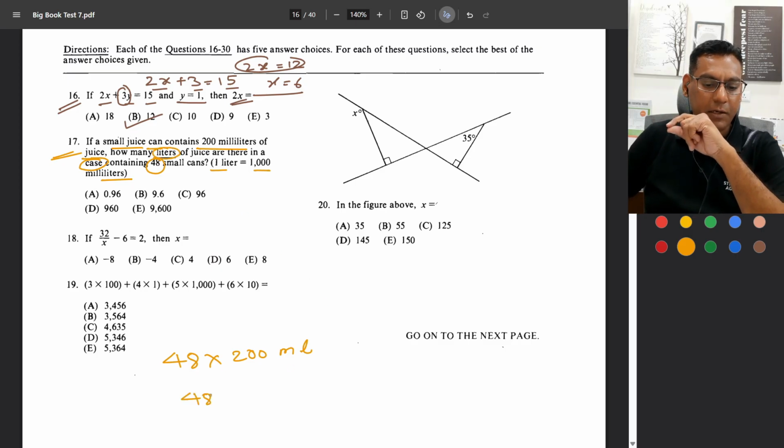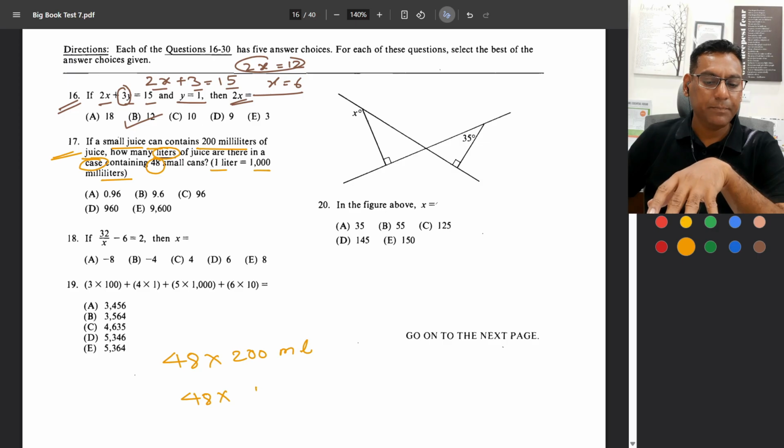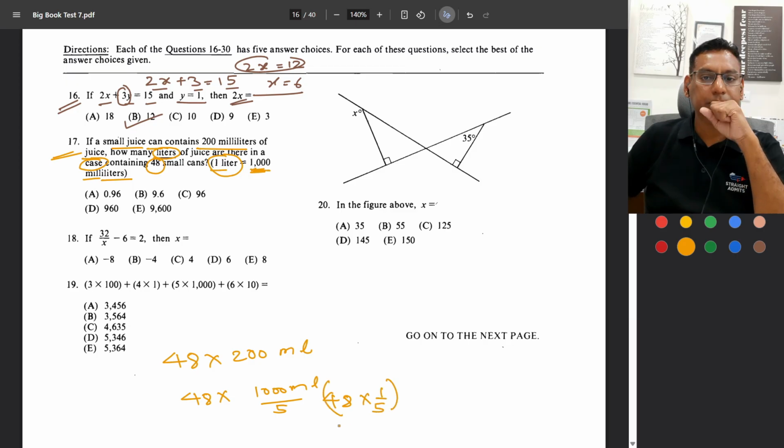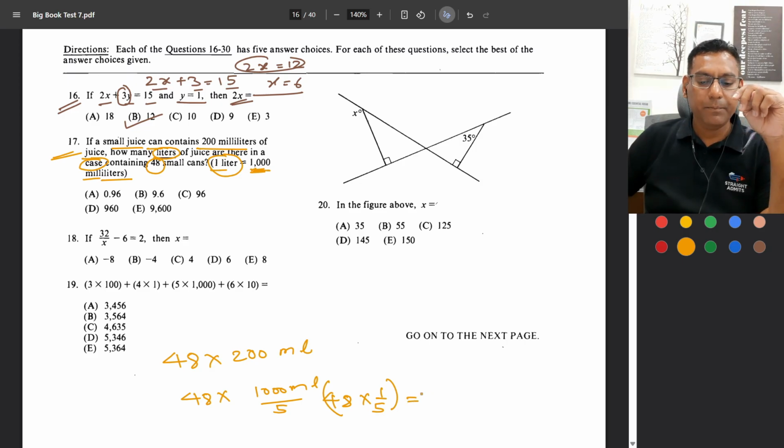So 48 into 200 milliliters is 1000 milliliters by 5, correct? Why am I writing 1000? Because I need to get 1000 milliliters, which is 1 liter. So basically it's 48 into 1 by 5 liters. 48 into 1 by 5 liters is going to be 96 by 10, 9.6, right?